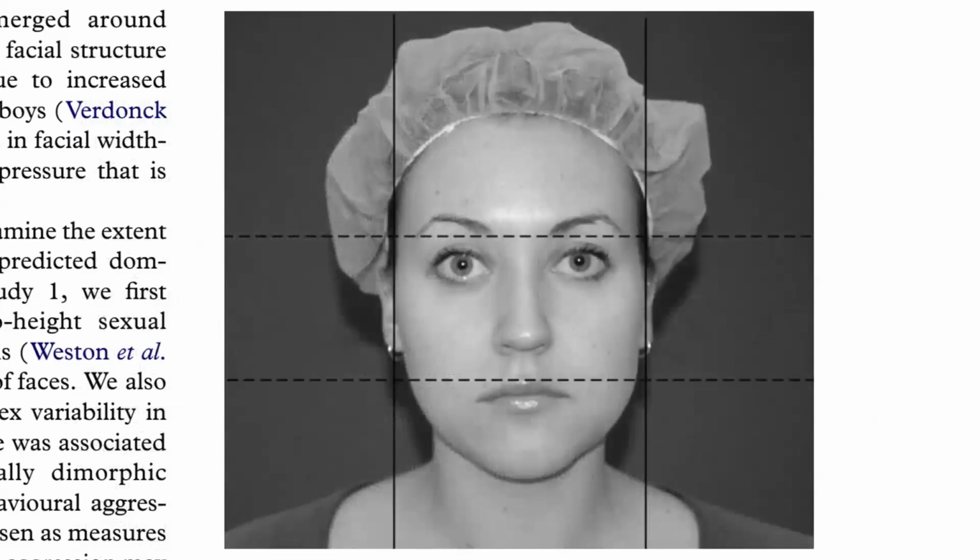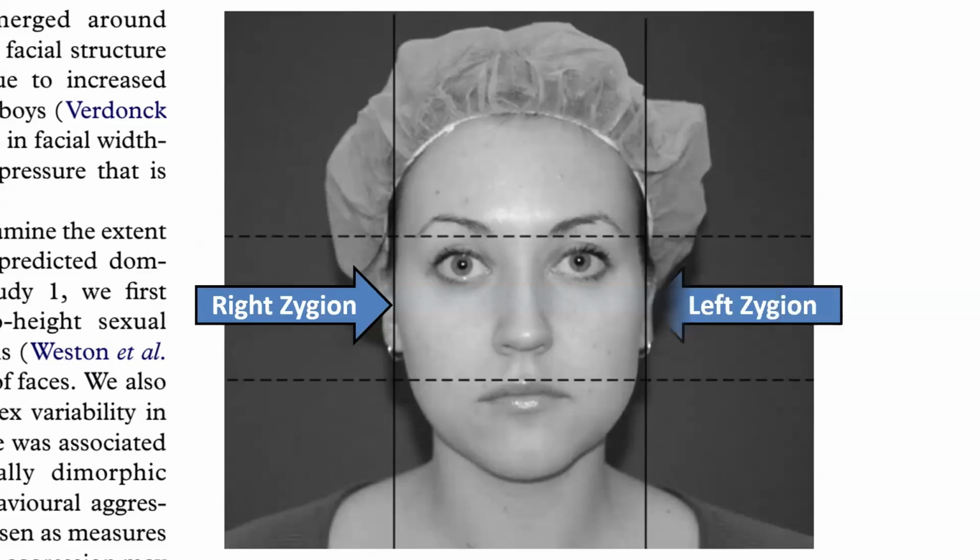So what they did is they would take photos and then draw vertical lines that represented the right zygon and the left zygon. And that was a word I definitely knew before yesterday.